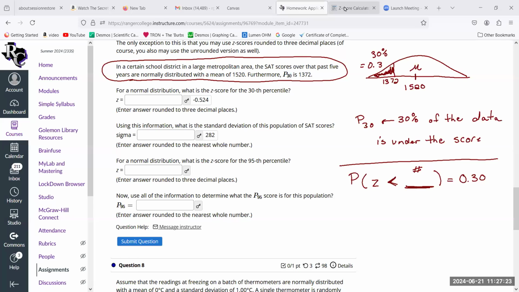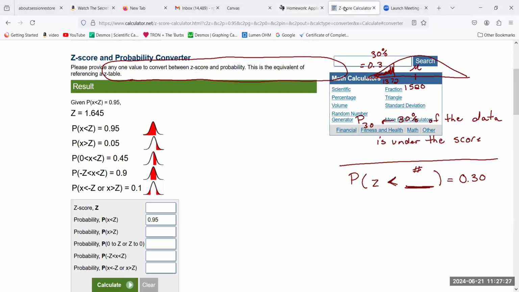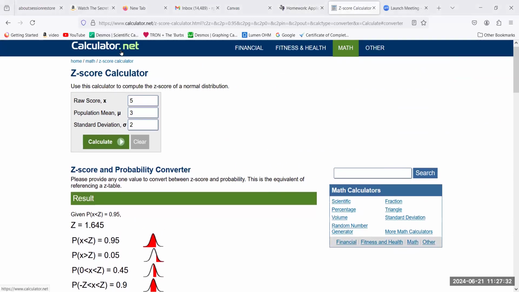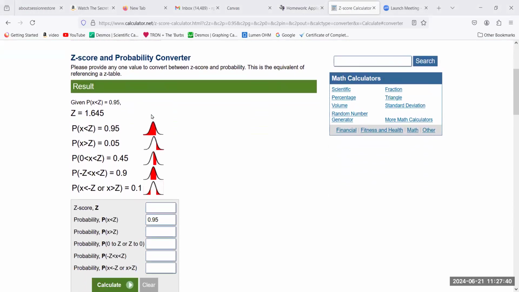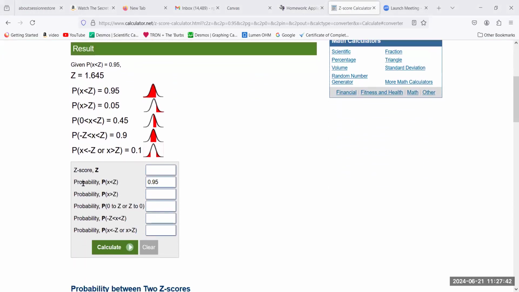So if we go to the z-score calculator, remember, this is calculator.net. If you look that up, you just type in z-score. Also, I have it linked in your Canvas. So what we need is this part here, because we're looking for the probability that we have a z-score that is less than something.